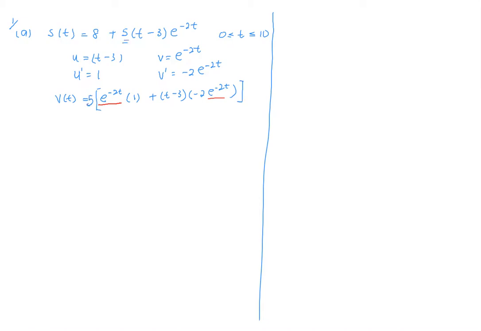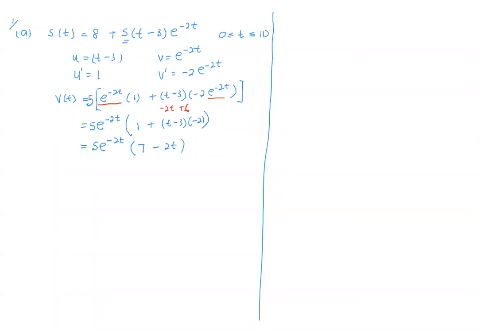You differentiate 8, you get 0. So 5, factorize out e to the power negative 2t. Then open bracket 1 plus t minus 3 times negative 2. Okay, so you get 5e to the power negative 2t. If you simplify this, you will get 7 minus 2t, right? When you expand this, you get negative 2t plus 6. Okay, so you can skip the step.